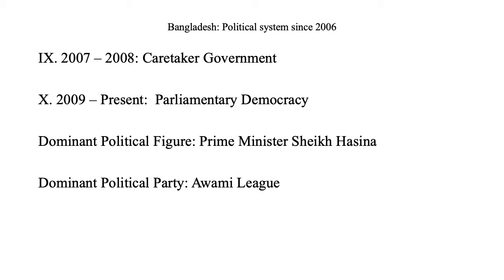Though they won the landslide victory, the Pakistani government denied the Bangladeshi people their political rights. They denied the result of the election and they did not hand over power to Sheikh Mujibur Rahman.